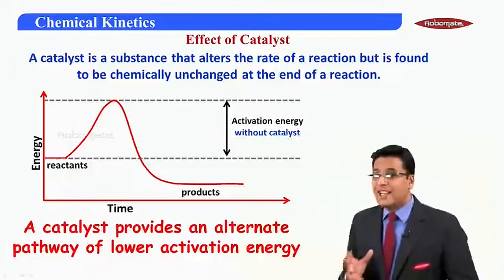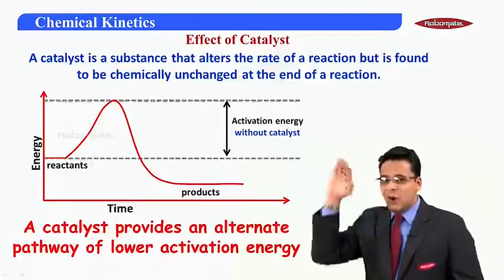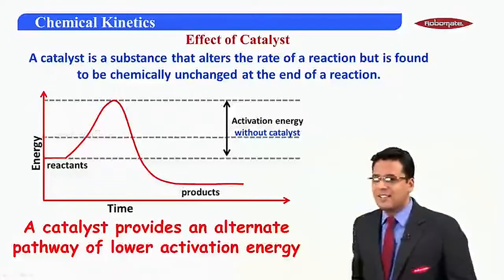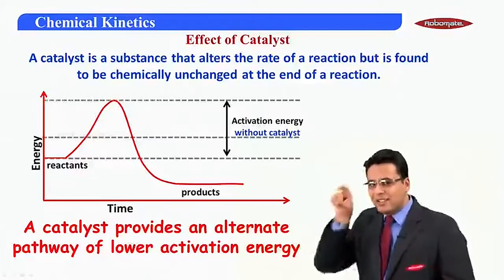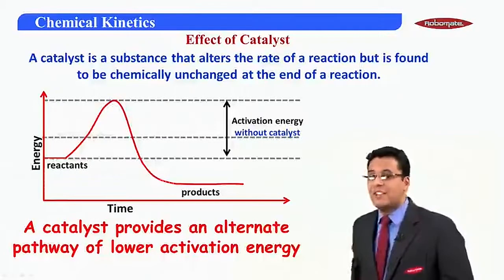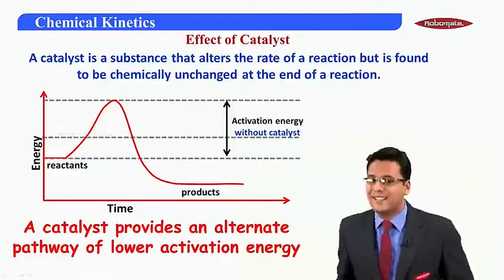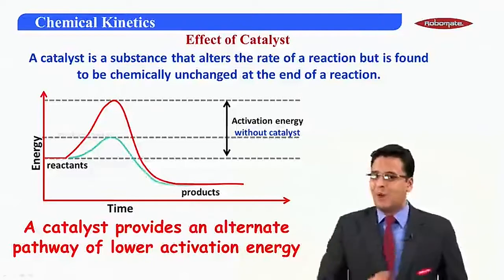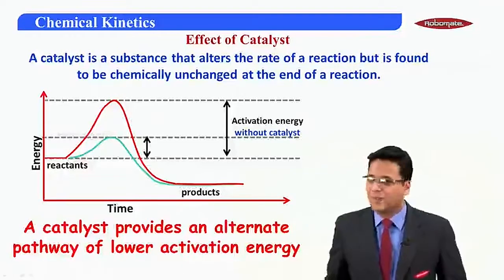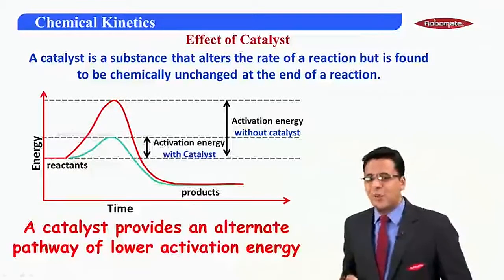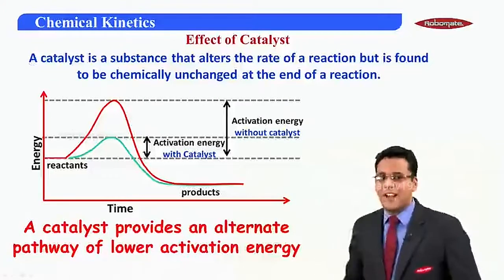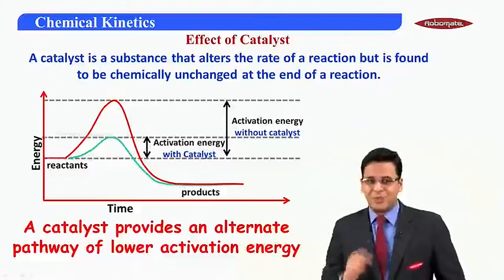What a catalyst does is it lowers the activation energy. So now this smaller activation energy is the one which is required in presence of a catalyst. This will be the alternate pathway now. So that's your activation energy with a catalyst, a smaller value. That's what a catalyst does.